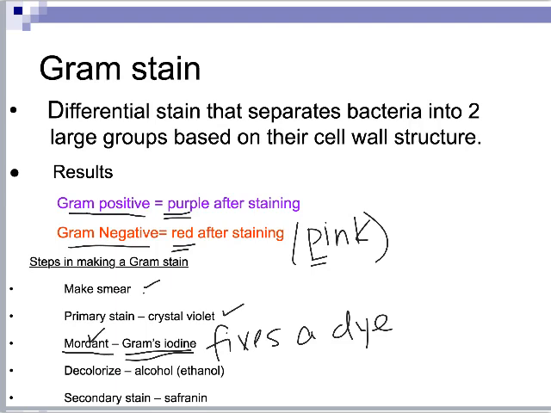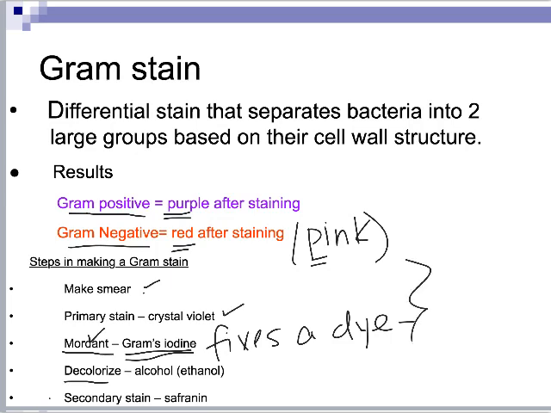So it fixes the dye. So that's what Gram's iodine does. Gram's iodine, if you see it in the bottle, it looks kind of like this orangey brown. Okay, then we'll decolorize. So we're going to add alcohol, or it's 95% ethanol, to it. And then we'll do a secondary stain.